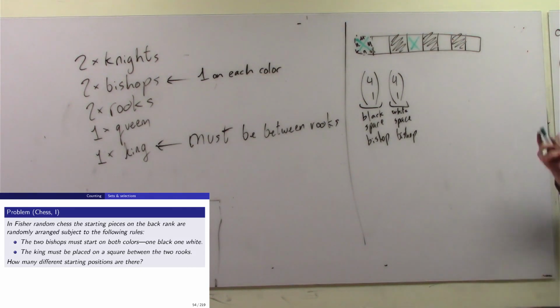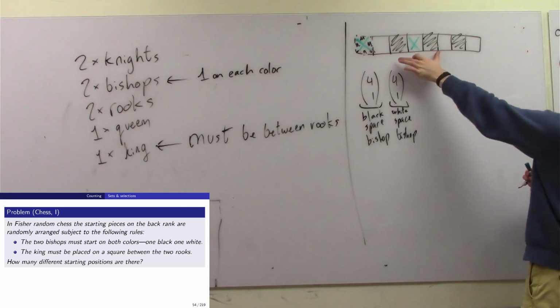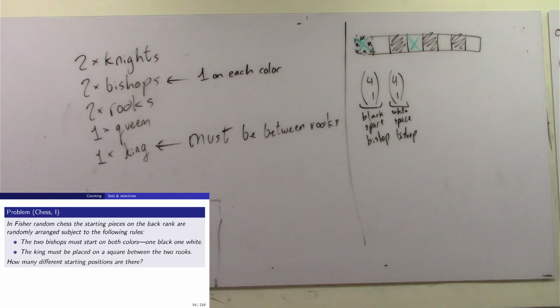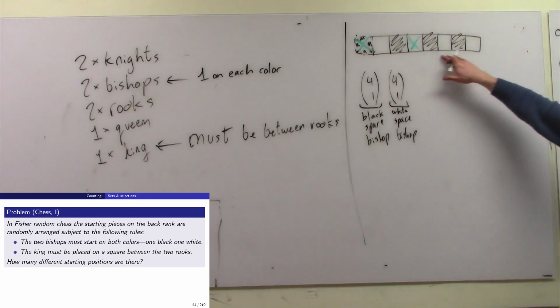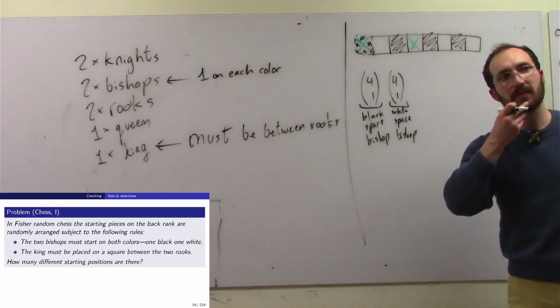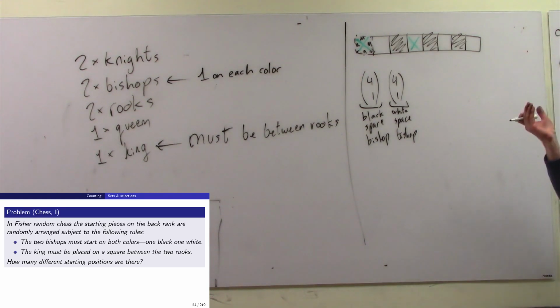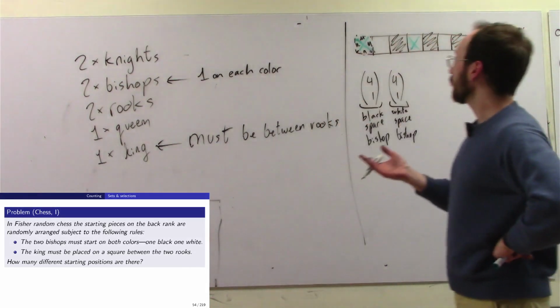So let's add our knights. How many ways can we place our knights? I can put my first knight in any of these spaces, and I can put my second knight into another space. It doesn't matter which one I chose first.